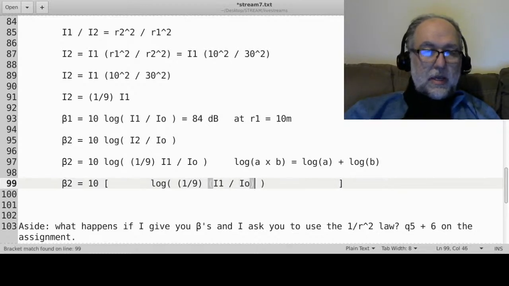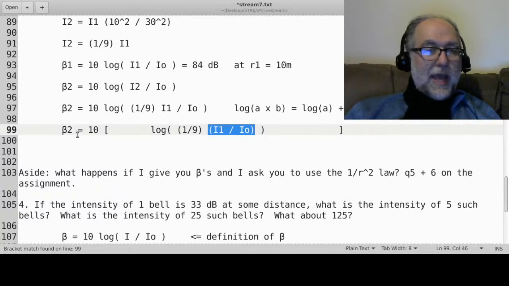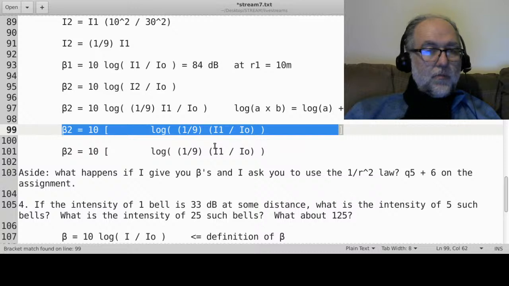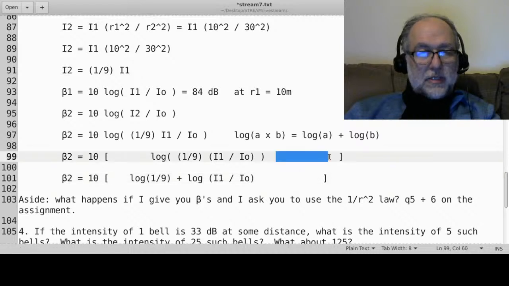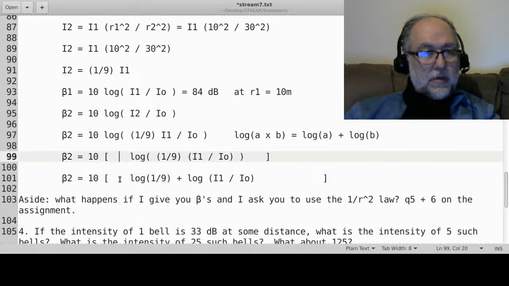Think of the 1/9 as your A, and that as your B. Now the multiplication here gets turned into addition, so this becomes this plus log of that. I lost my square bracket out there, but there it is. The square brackets are way out there, a little bit ugly, but there we go.